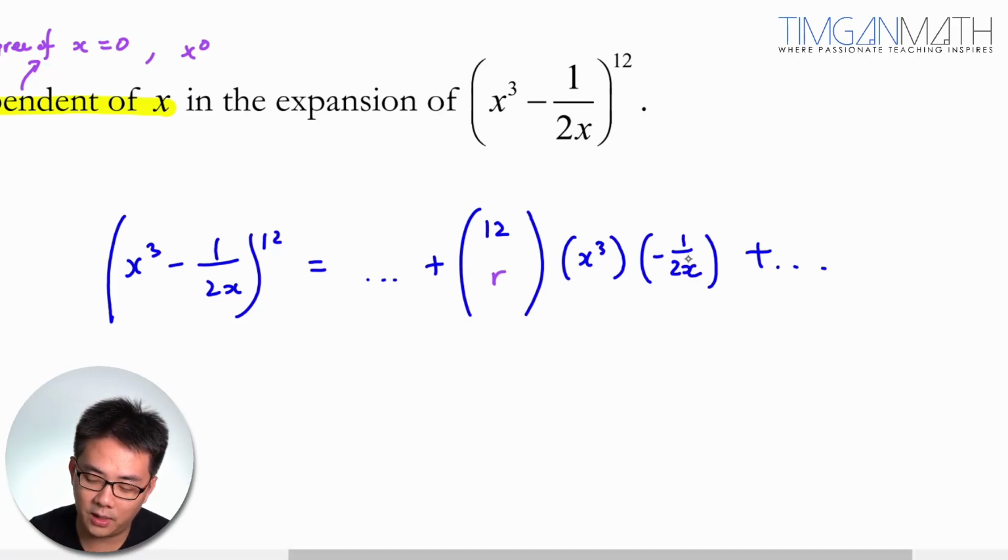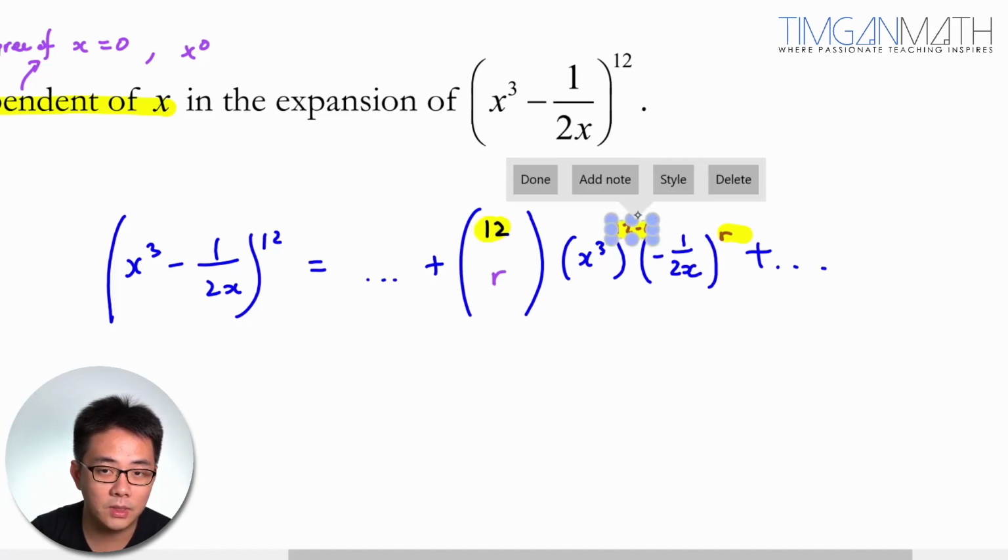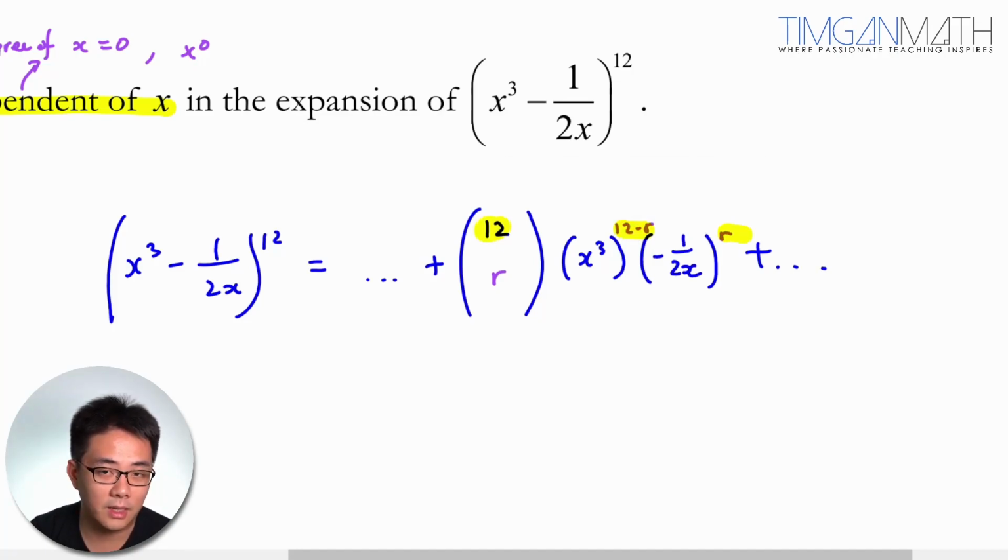Usually I encourage students to put the r on the reciprocal 1 over x, since it's easier. The power here will be 12 minus r. Remember, when we add these two powers up, it should give you 12. So this is a general form.